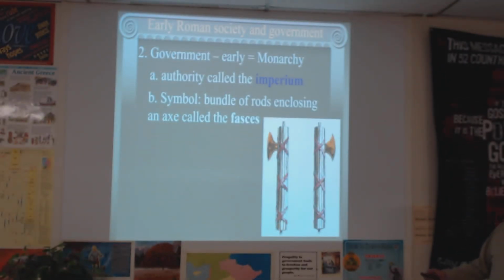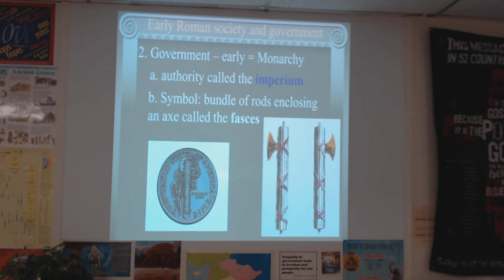This is the word from which we get imperial or empire. The symbol of the authority was a bundle of rods enclosing an axe called the fasces. You can see the rods here bound together, and there's an axe in the midst of it sticking out. That was a symbol of authority. Whoever had that was the person in charge. Maybe you've seen a picture of this if you've ever looked at your money closely. On the back of our dime, there's a picture of the fasces indicating authority.